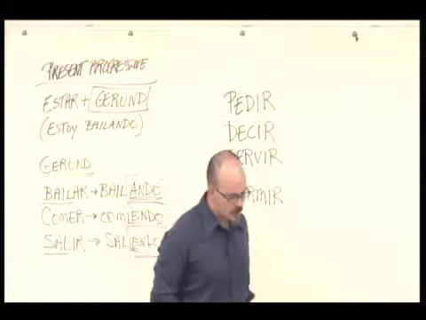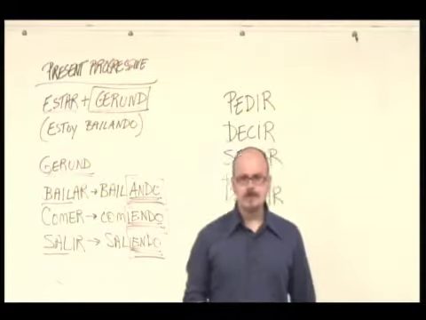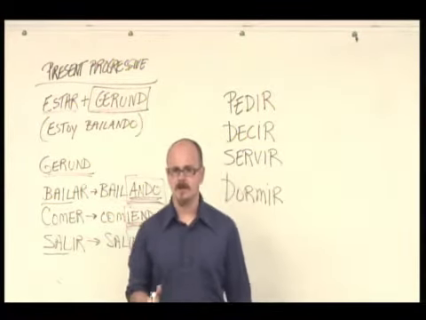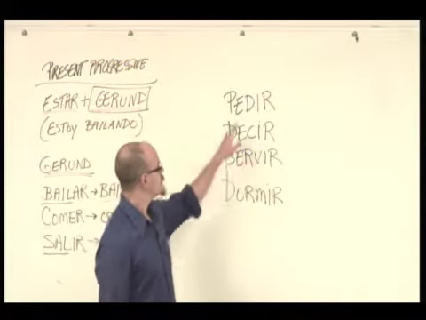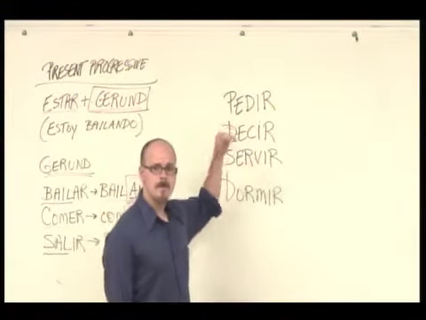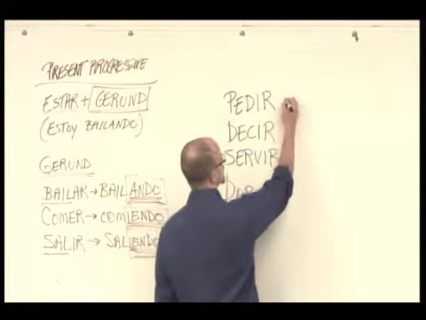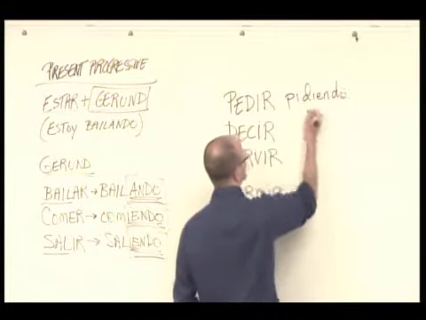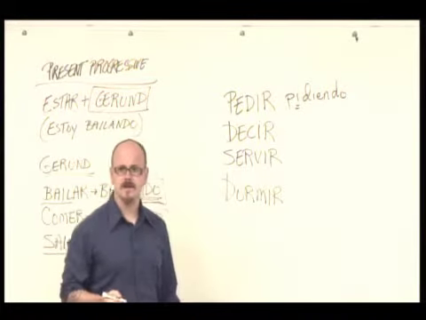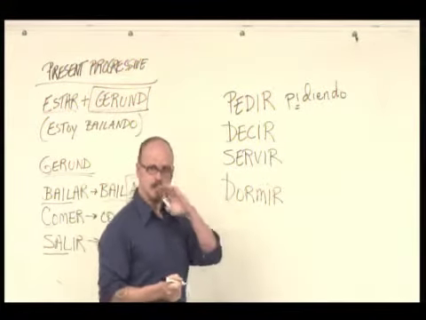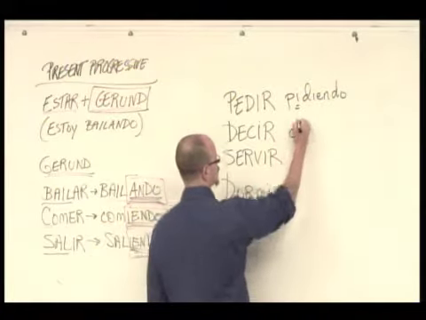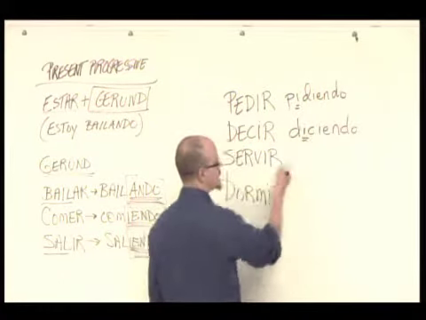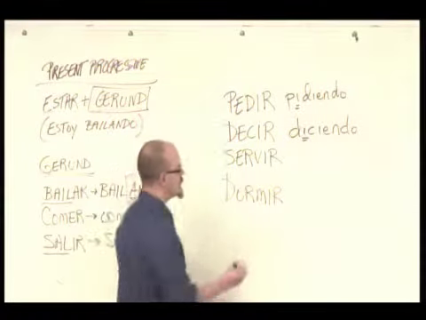Okay, so for now, pay special attention to the ones that I'm telling you. There are more than this, but for now, we'll worry about these ones. So pedir, you would expect to be pedendo, but instead it's going to be pidiendo, with an I here instead of an E. Decir, same thing, will become diciendo instead of deciendo.